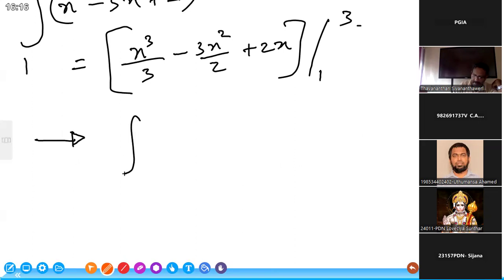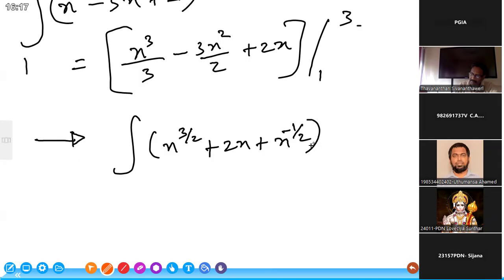Try this: the integral of x to the power 3 by 2, plus 2x, plus x to the power minus 1, dx from 1 to 4.